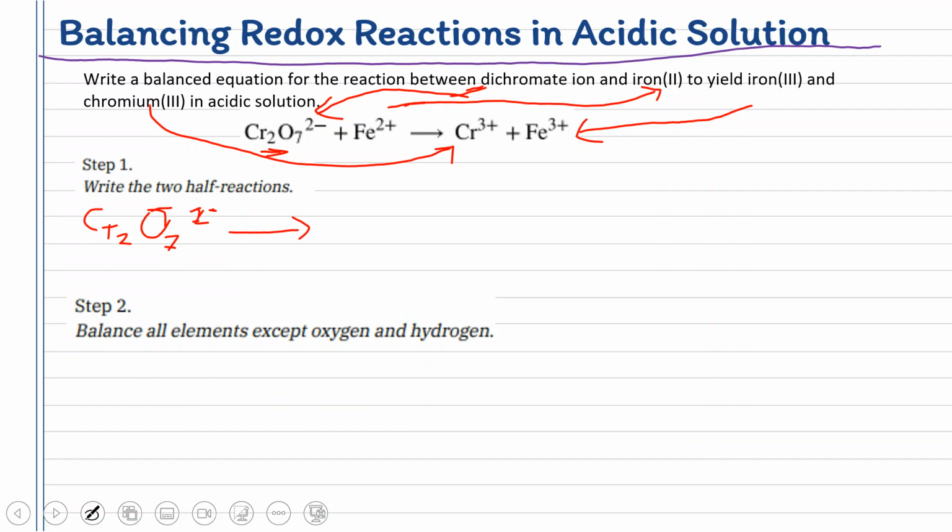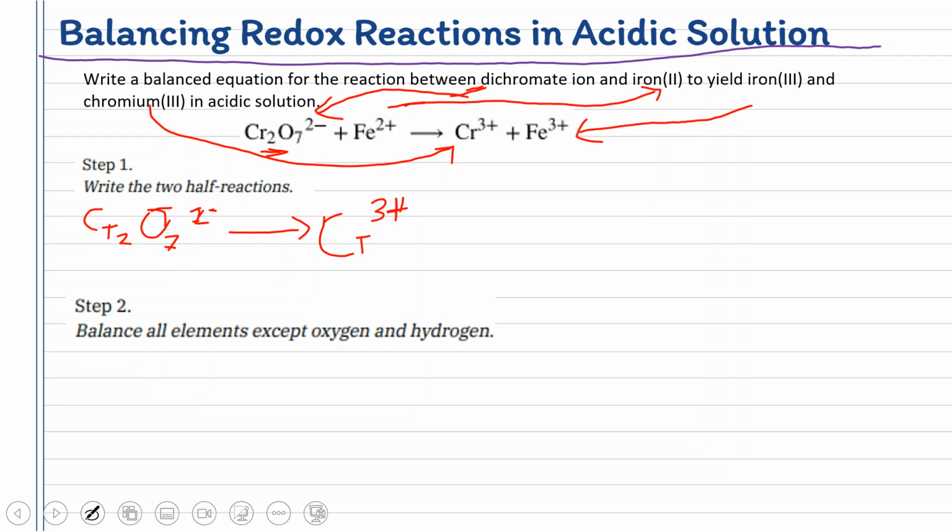I have dichromate ion. It resulted in Cr3 plus. I'm pretending that it's only dichromate ion I have, and that's what I have. That's my first half reaction, everybody.